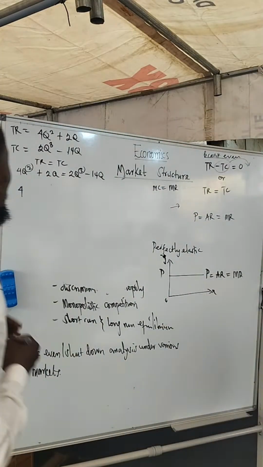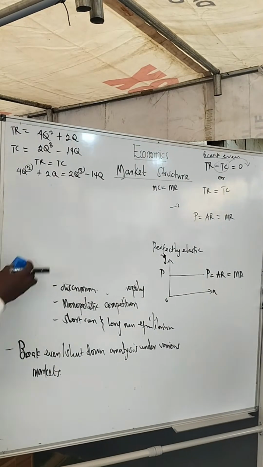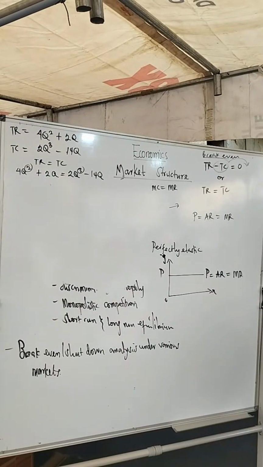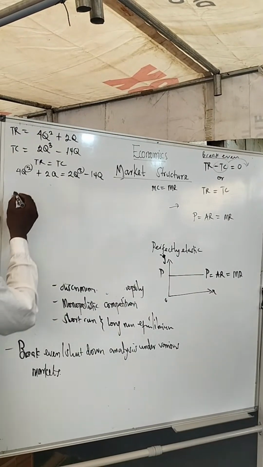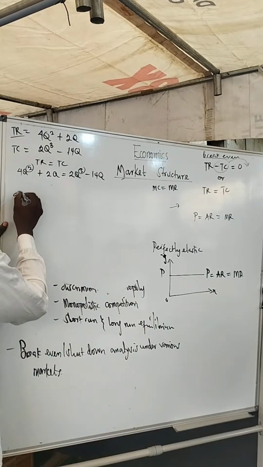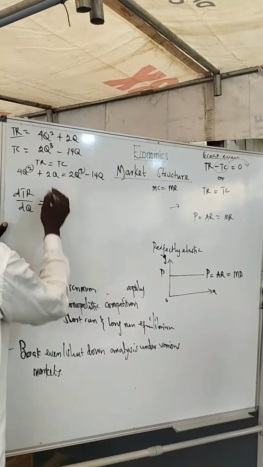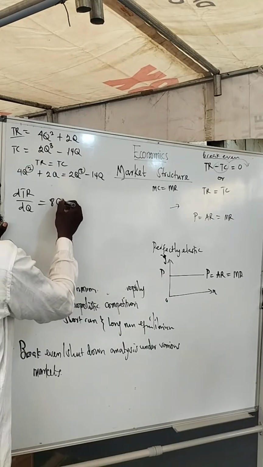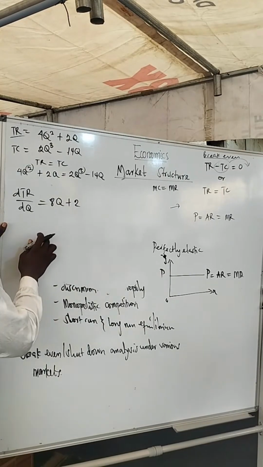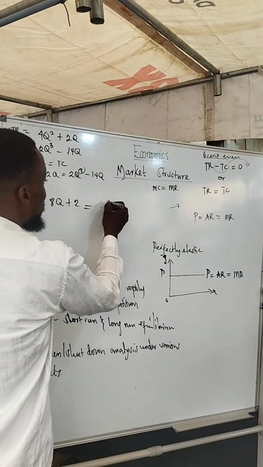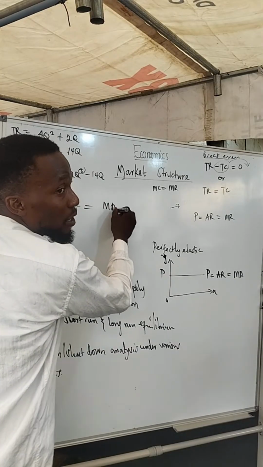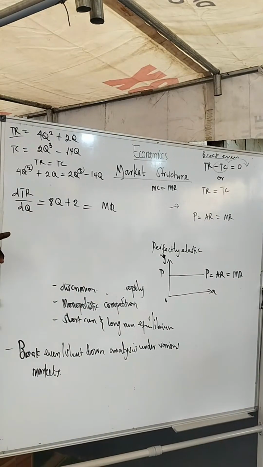But if I was told to look for the profit maximizing output, I'll just differentiate. For the TR, dTR/dQ, if I differentiate, this will be 8Q plus 2. That is dTR/dQ, which is the same thing as marginal revenue.